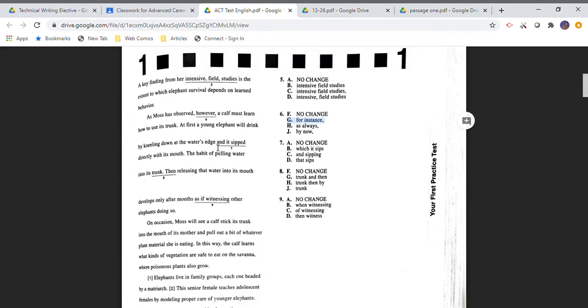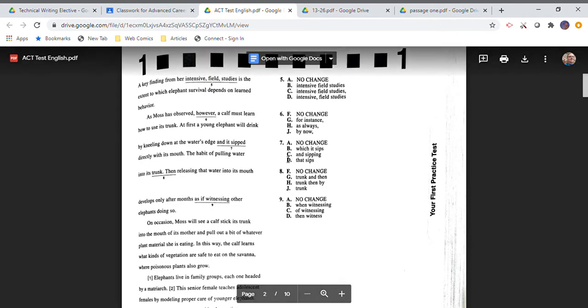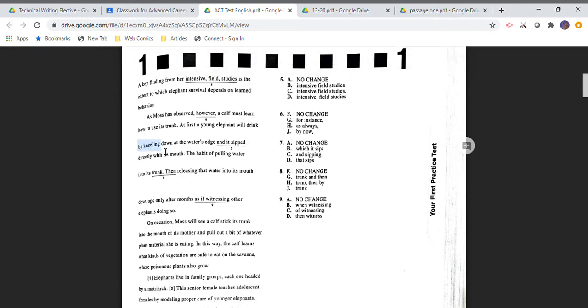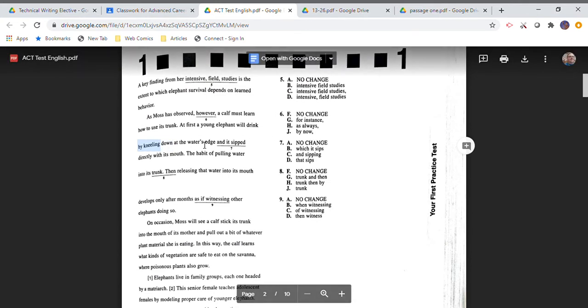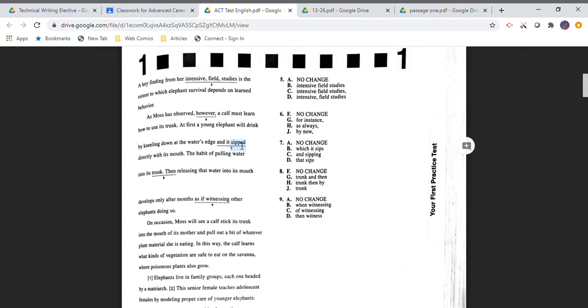At first, a young elephant will drink by kneeling down at the water's edge and sipping directly with its mouth. And sipping is an option. See, it said it has to be and sipping because you have kneeling at the beginning. The young elephant will drink by kneeling and sipping. Right? Since it has an ing here, you have to have this next word agree with it. So, sipping.